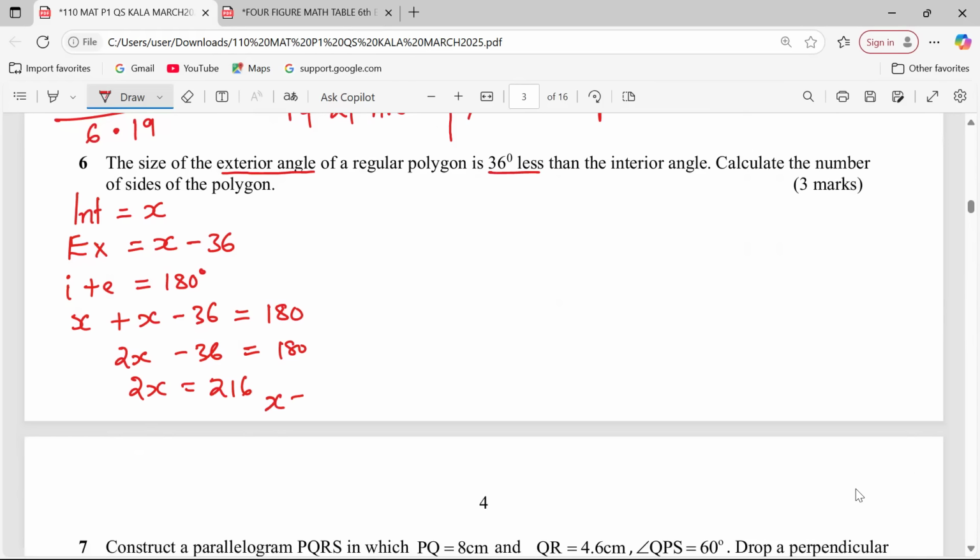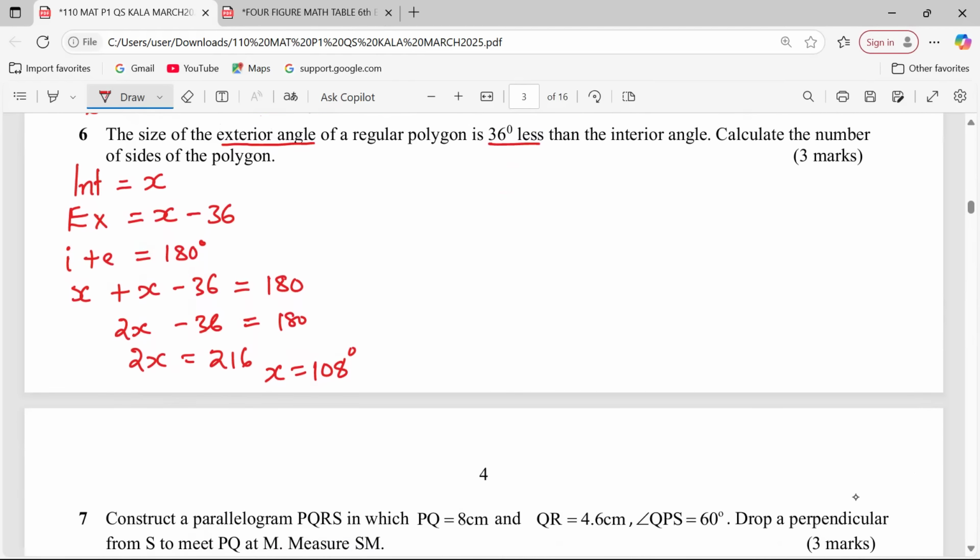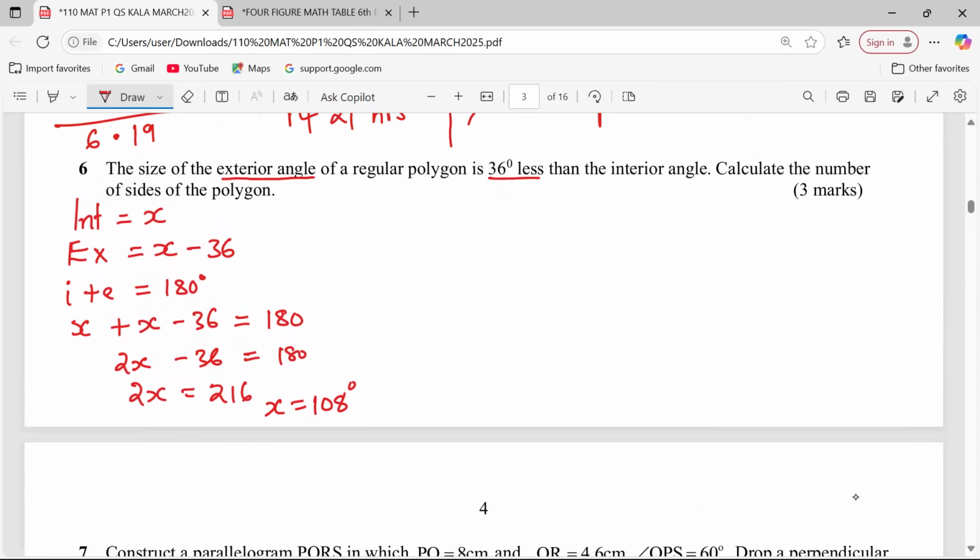So that the value of x after dividing through by 2 becomes 108. Now, if the interior angle is 108, then the exterior angle shall be 108 minus 36, and this gives us exactly 72 degrees. So it is 72 degrees.